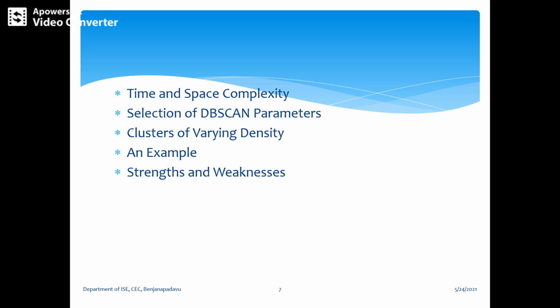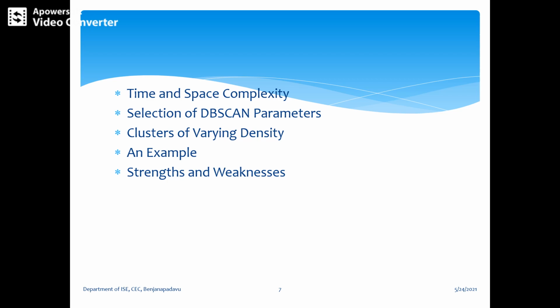Next, the strengths and weaknesses. DBSCAN uses a density-based definition of a cluster. It is relatively resistant to noise, and it can handle clusters of arbitrary shape and size. DBSCAN can find many clusters that could not be found by k-means, such as in the previous diagram.